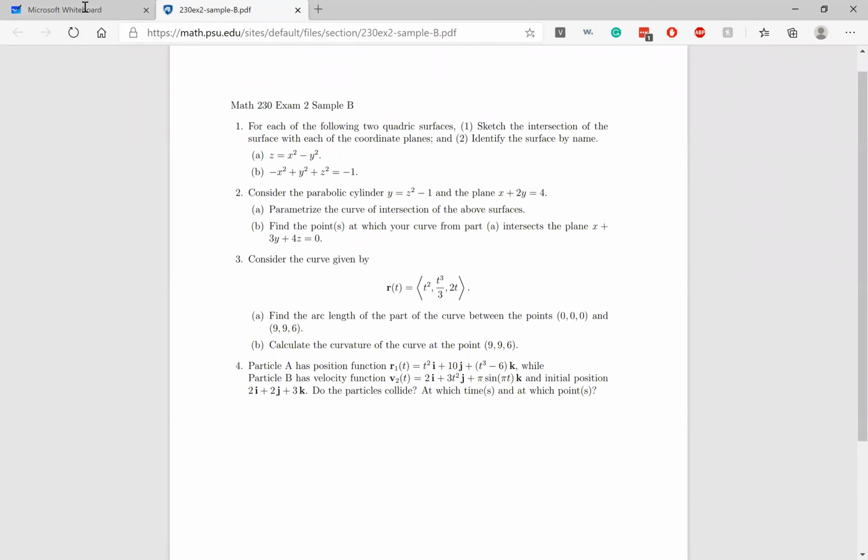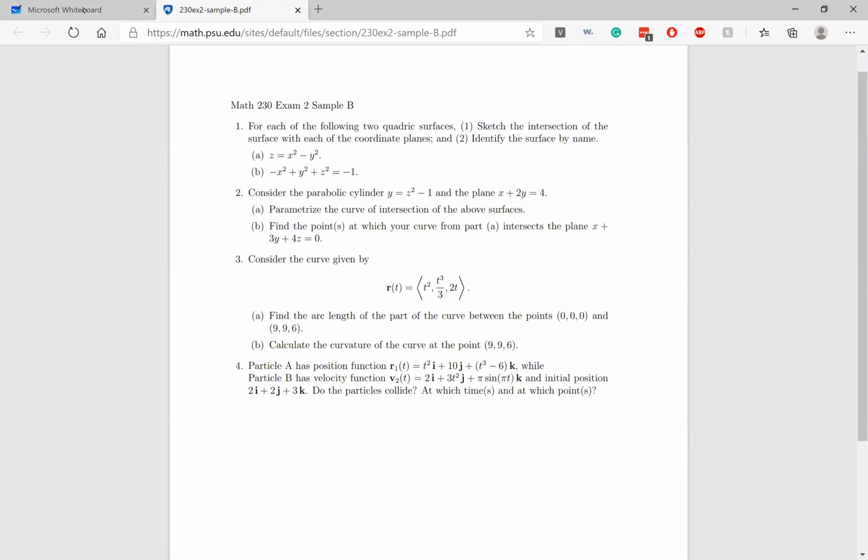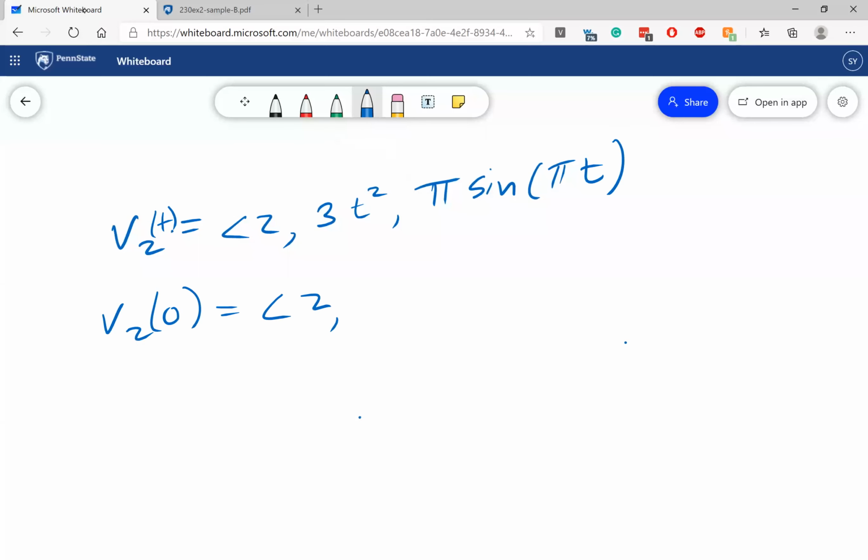Okay, and the initial position is 2, 2, and 3. V2 of 0, this is t, is going to be equal to 2, 2, 3.